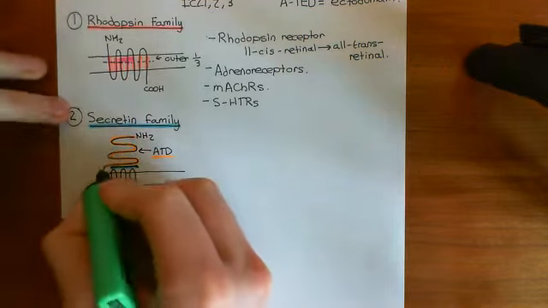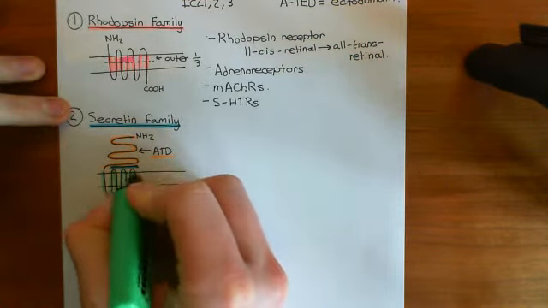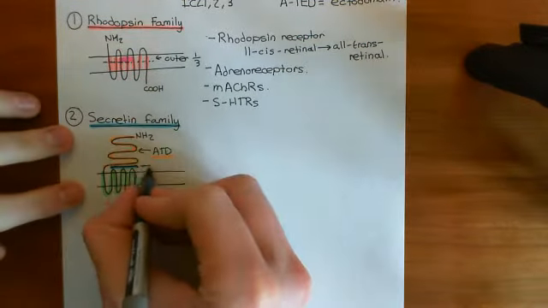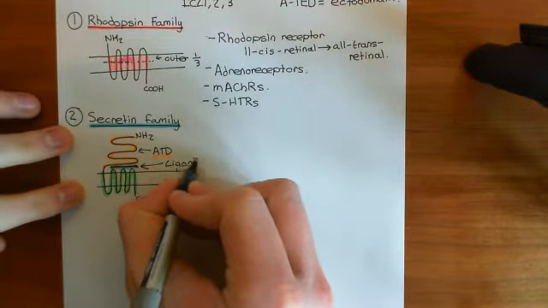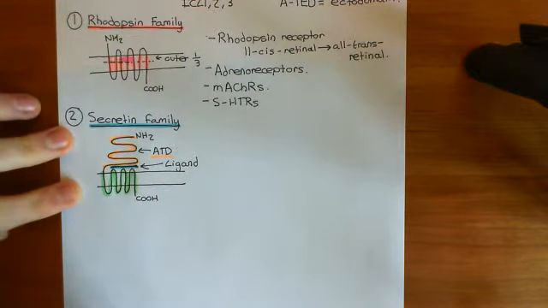The transmembrane domain consists of these 7 membrane-spanning alpha helices. So the ligand shown here in blue is going to bind in this slot between the amino terminal domain above and the transmembrane domain below.